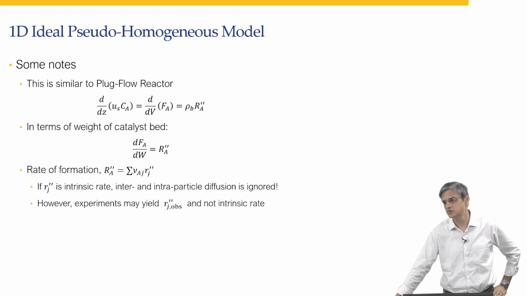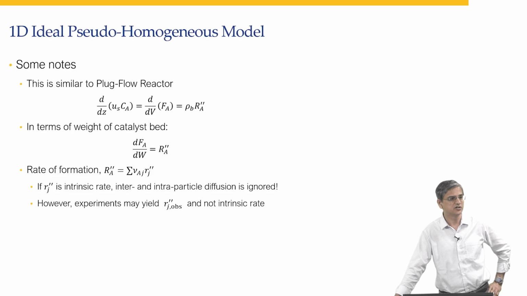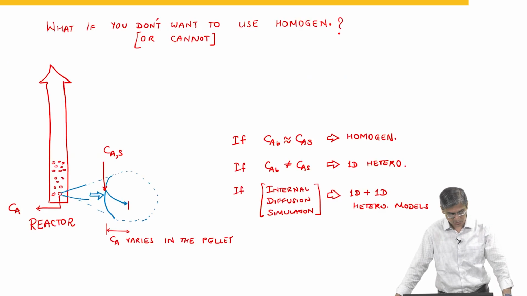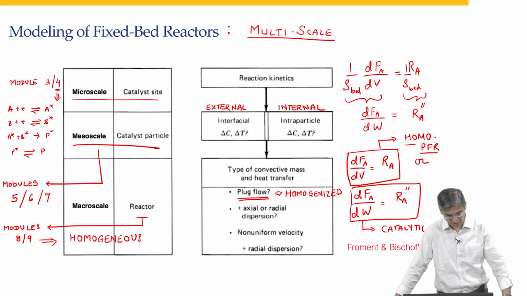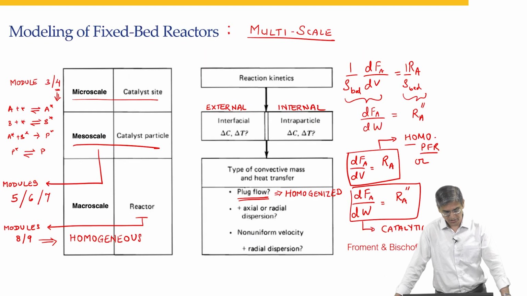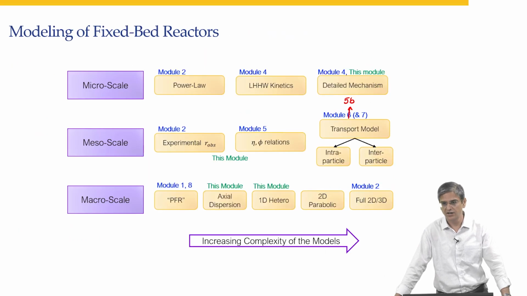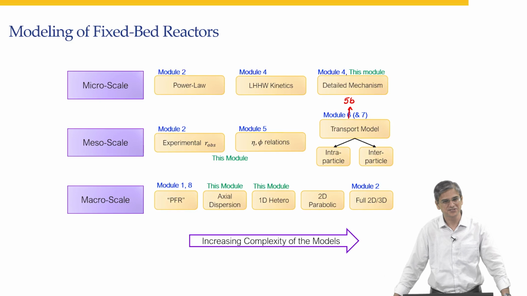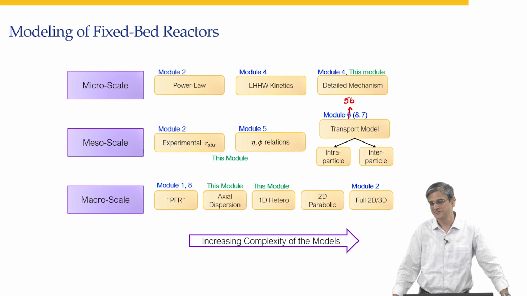I'm not asking you to spend more than half an hour on Davis and Davis, okay. That's all I'm asking you to spend. Just spend about half an hour on chapter 10 of Davis and Davis, if you have time. I know we're coming close to the end of the semester, so time is very premium.